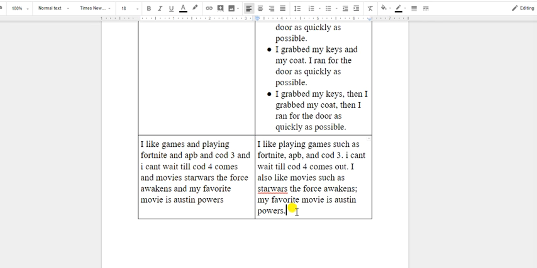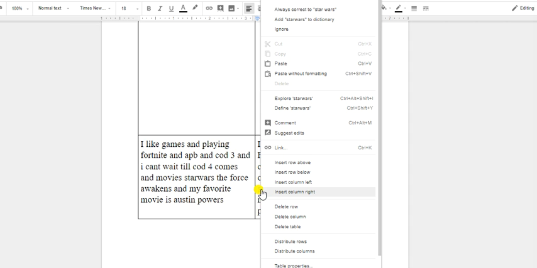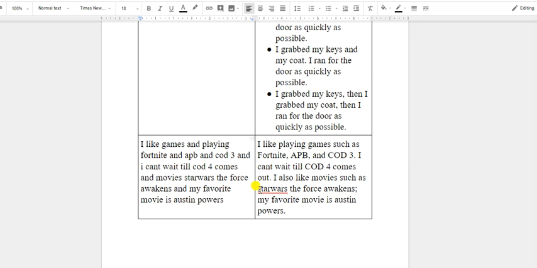Now, of course, there are other errors that I'm sure you can see here. So some things aren't capitalized, which we would want capitalized. Of course, the name of a video game is a proper noun, so these should be capitalized. So a movie, that should be capitalized.